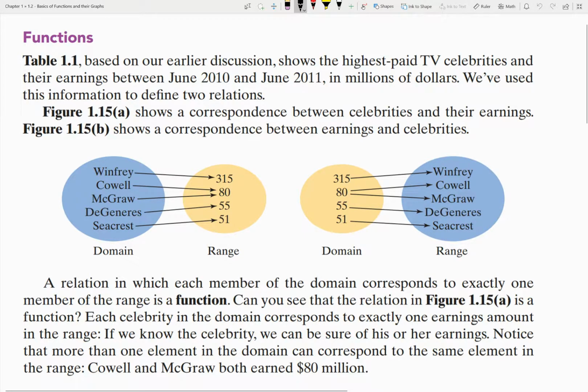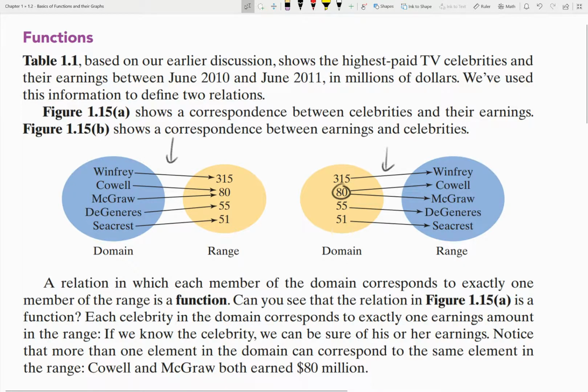If we look at these correspondences with these mapping diagrams, you can see in the one on the left that every person makes one amount of money. Yes, Simon Cowell and Phil McGraw make the same amount of money, $80 million, but every person makes one amount of money. As opposed to this mapping diagram right here, if we reverse it, you can see that if I asked you, well, who makes $80 million, you couldn't really tell me because 80 goes to 2 different places.